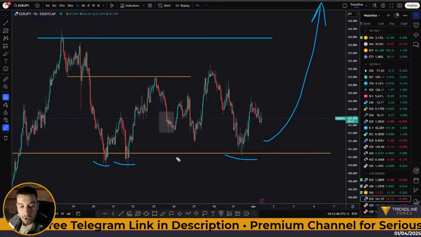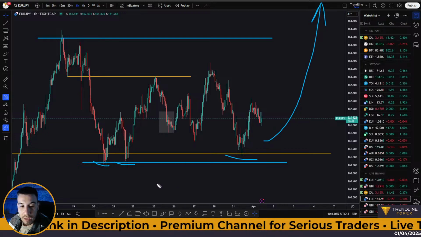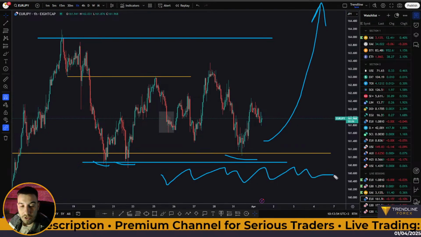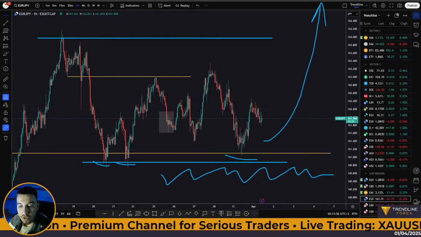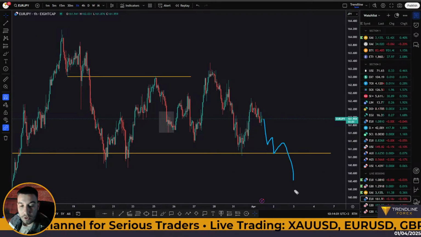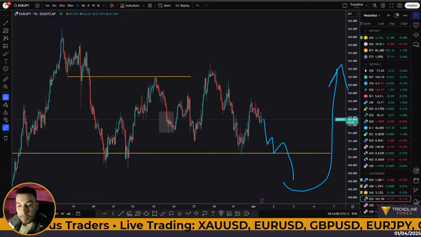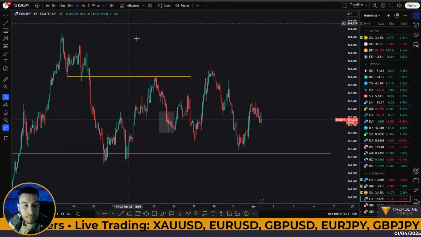I think the video was called liquidity. But since we have equal structure, that means we have a lot of pending orders sitting just down below that equal structure. So if the market drops down here, takes out those orders, it will gather enough momentum to push back to the upside.